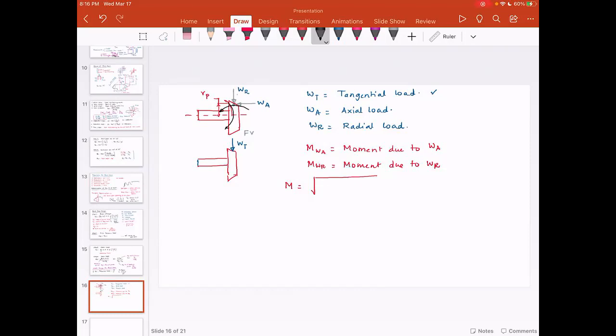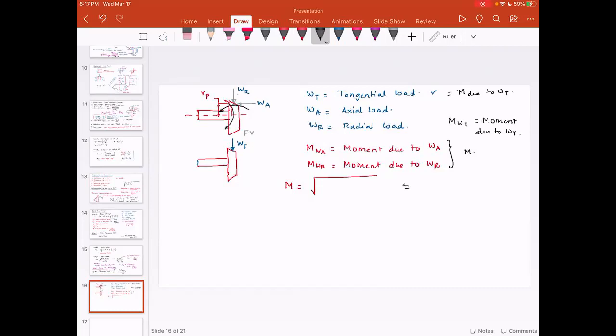So you will have to find out the equivalent moment. I'm going to call this M, and I'm going to call this M due to WT, so I will call it MWT, the moment due to WT.